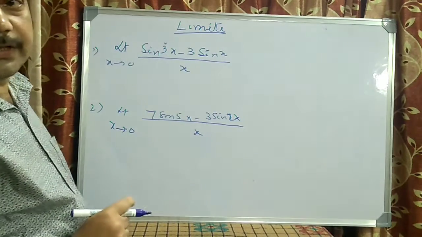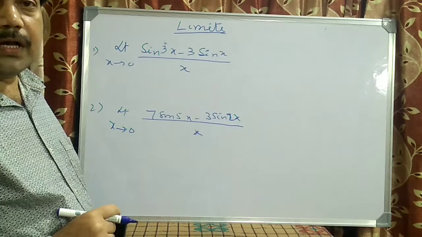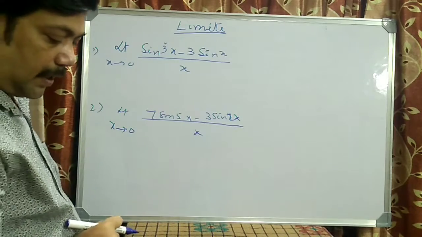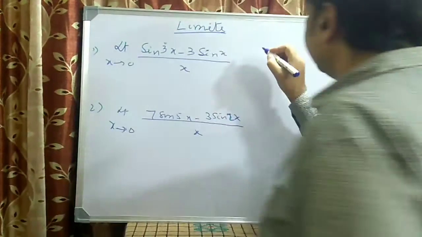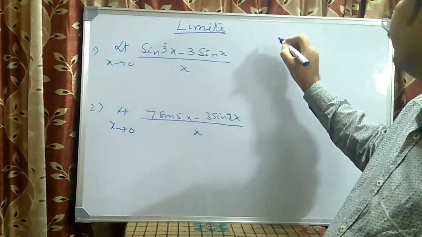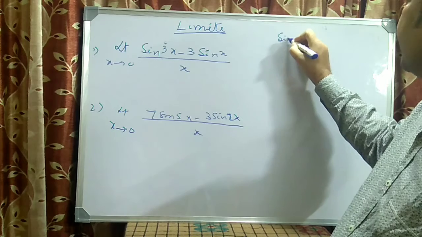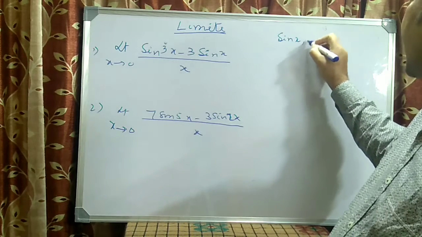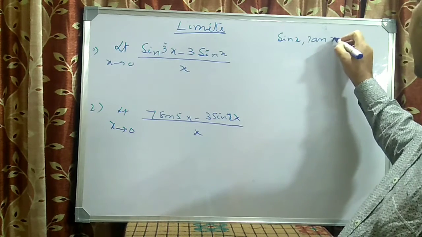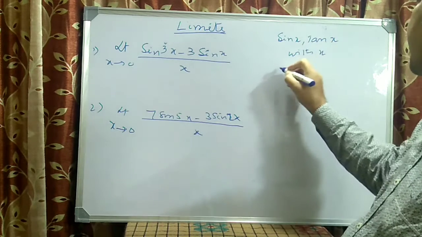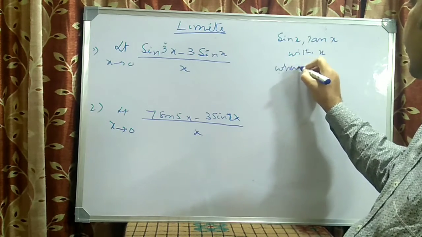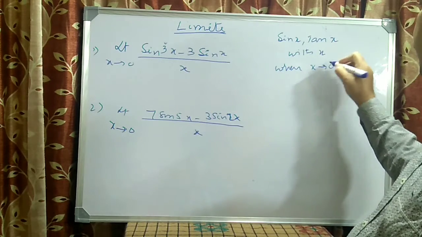If you observe in these two problems, what I am doing is replacing the terms which are becoming 0, sin x, tan x, with x, especially when x tends to 0.